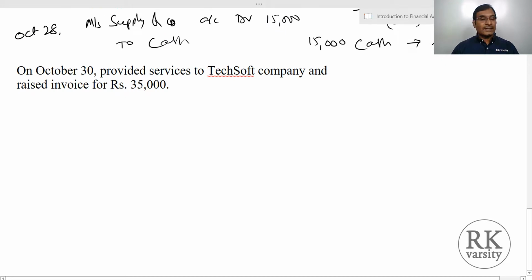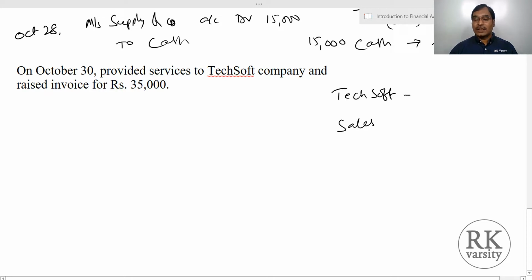Now the final transaction for the day. On October 30, provided services to Techsoft company and raised invoice for rupees 35,000. So here you made a sale but did not receive the cash. In this case, Techsoft is one account and sales revenue is another account.